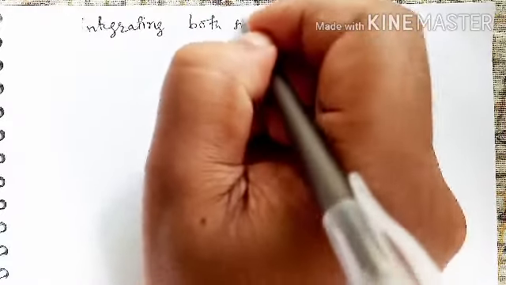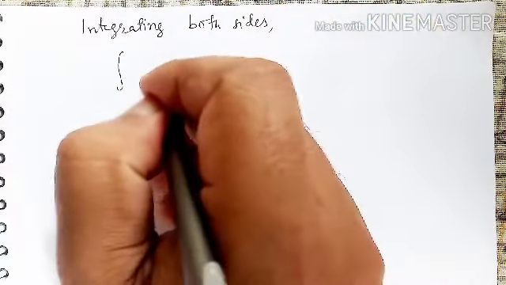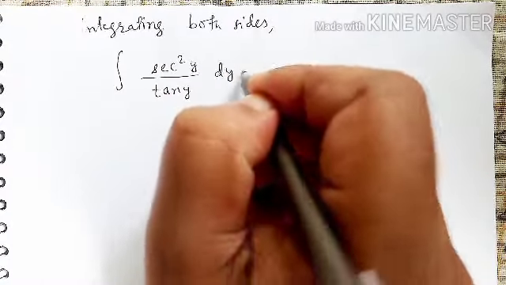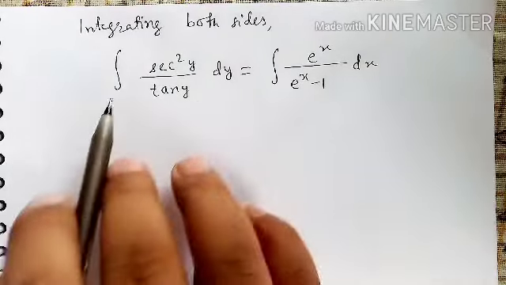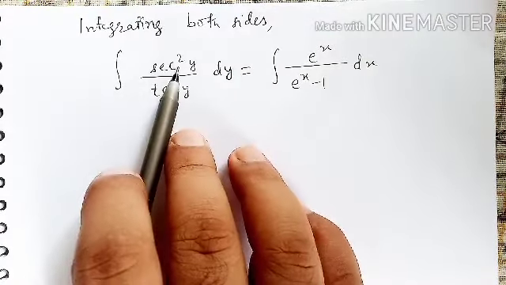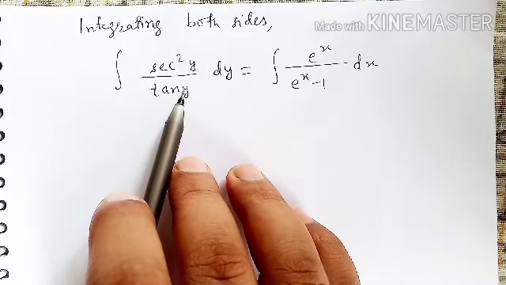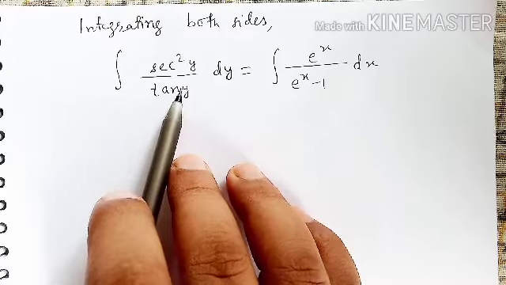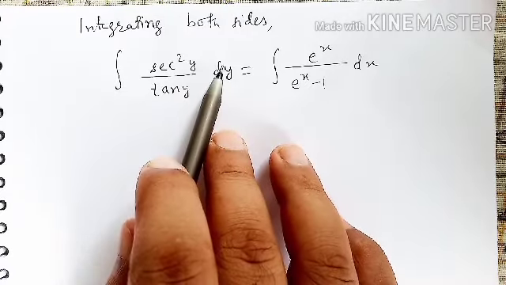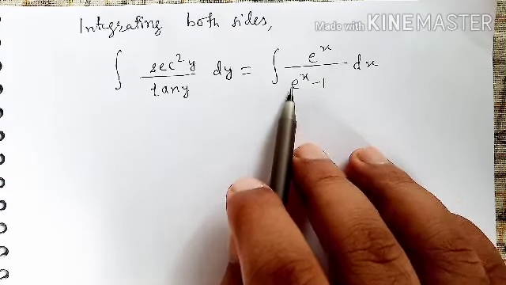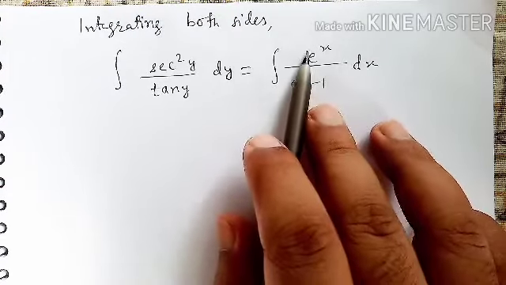Integrating both sides, we know the derivative of tan y is sec square y. So if we substitute tan y as t, then we have 1 by t dt. Here we can also see that the derivative of e to the power x minus 1 is e to the power x.